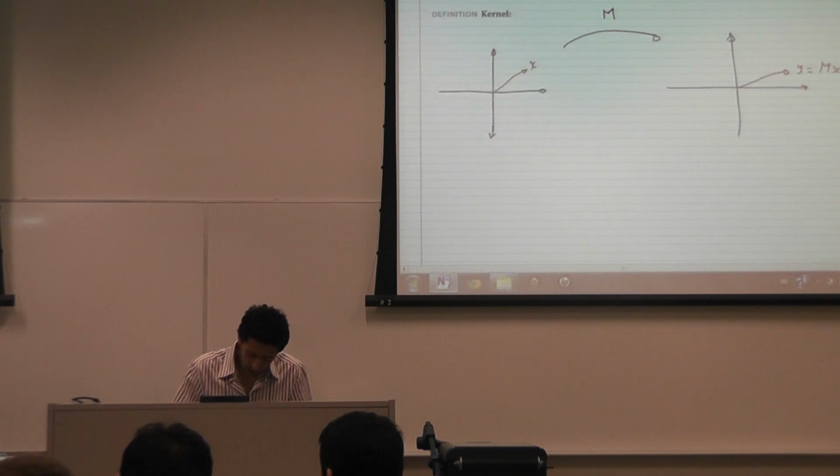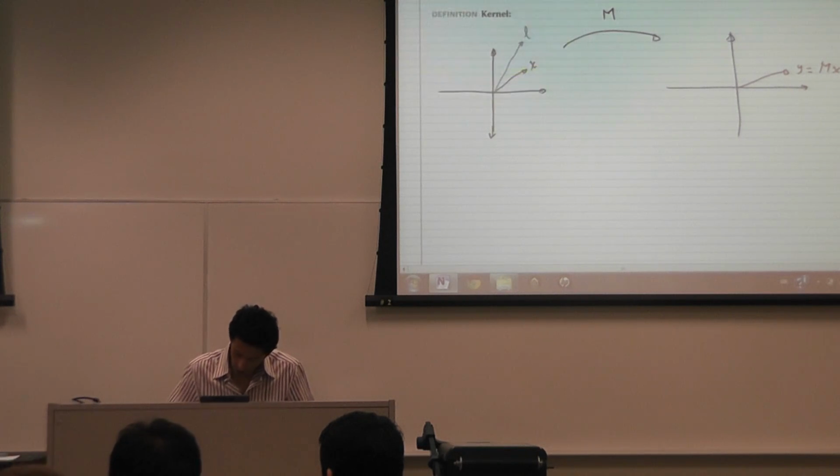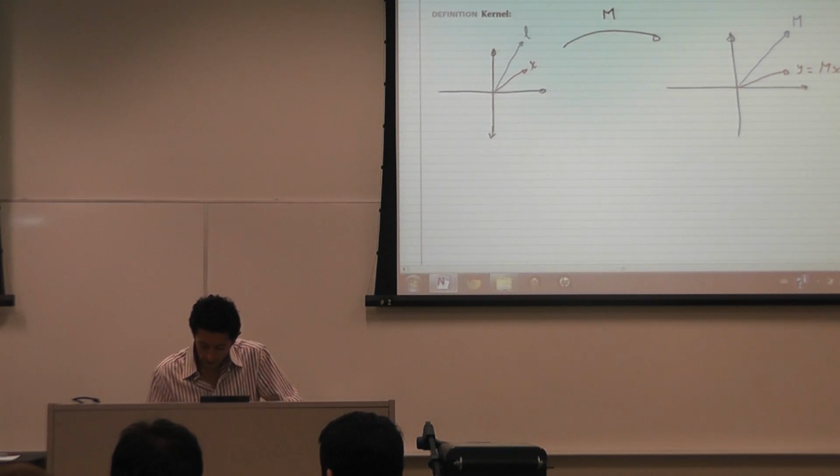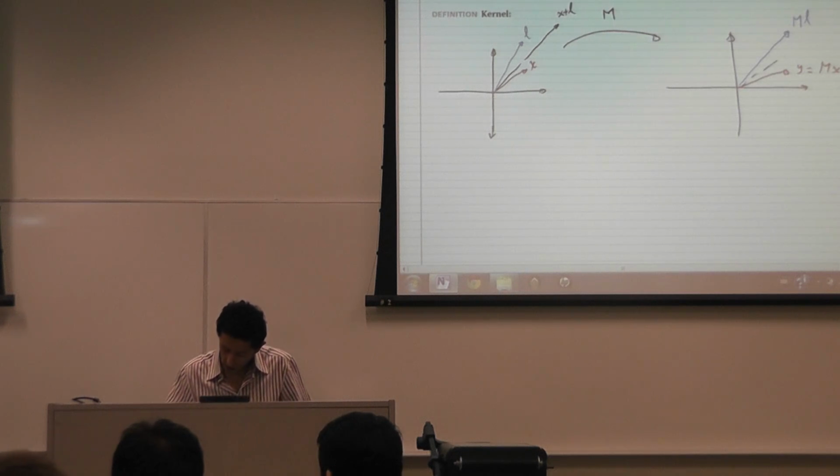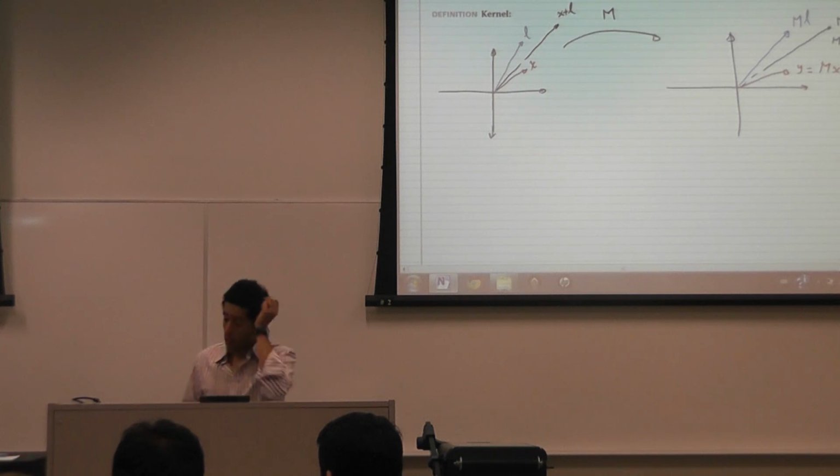And there is another vector here that's called L. And there is a vector here that's equal to ML. And if there is a vector here that's equal to x plus L, then there's a vector here that's equal to M of x plus L, which is also equal to Mx plus ML. So this is graphically what a matrix does.